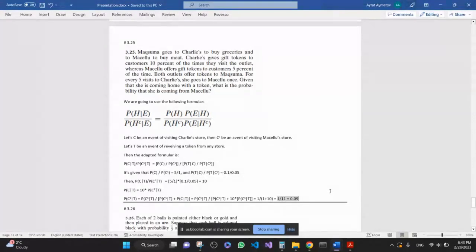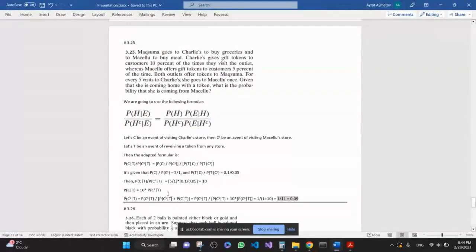Hold on a second. Right, so you need to find the probability of a given token from Marcelo's store. And you're saying this equals the probability of a token from Marcelo's store over what? The sum of two probabilities, by getting the probability of having a token from Marcelo's and from Charles's store.